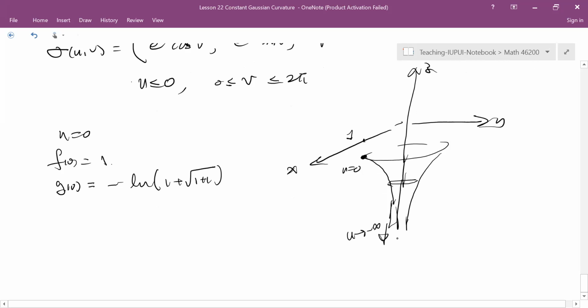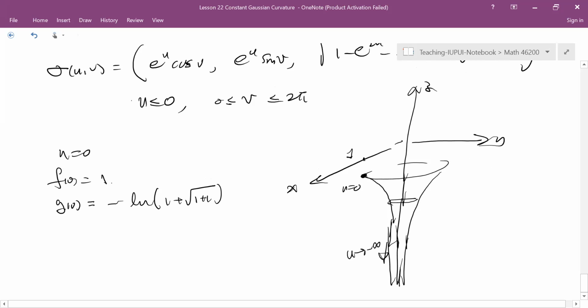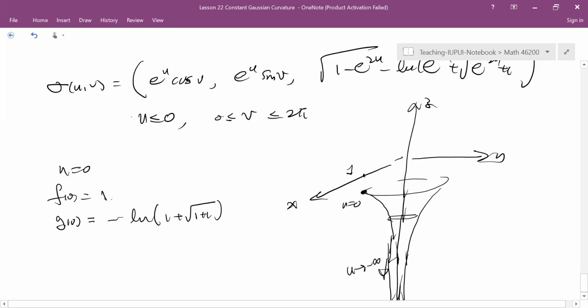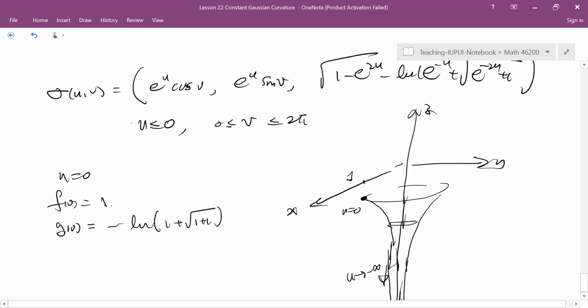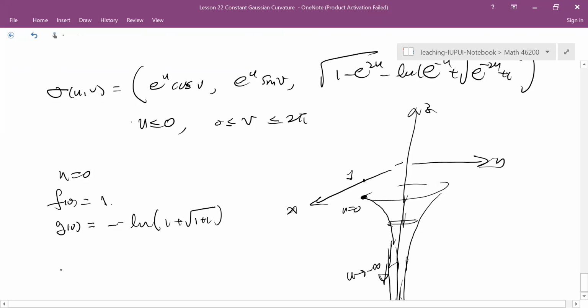Okay, so the radius is getting smaller and smaller. And I think g of u approaches negative infinity. U approaches negative infinity, and g of u clearly approaches negative infinity. Right.